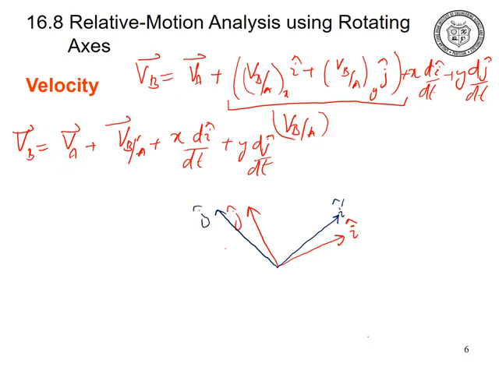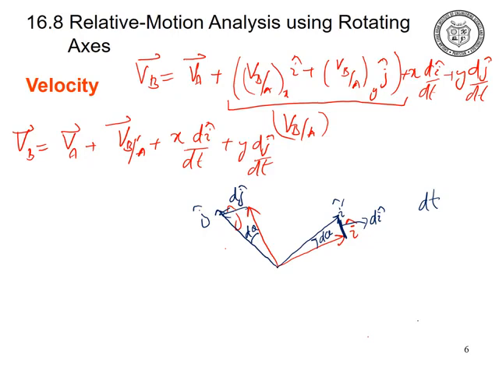This is at a very small instant dt. So it makes an angle of d theta here and here d theta. So what is this? This is basically your di, the change in unit vector, and this is your dj, which is the change in unit vector.